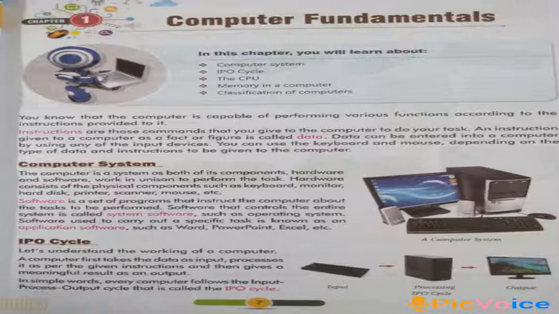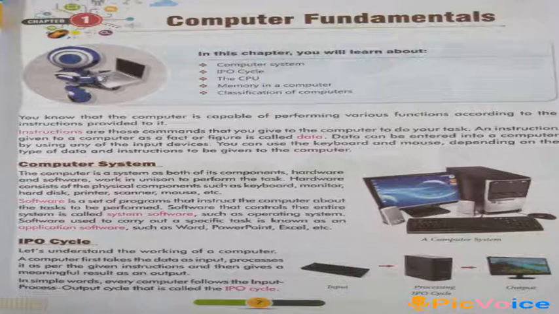Software that controls the entire system is called system software, such as operating system. Software used to carry out a specific task is known as an application software, such as Word, PowerPoint, Excel, etc.